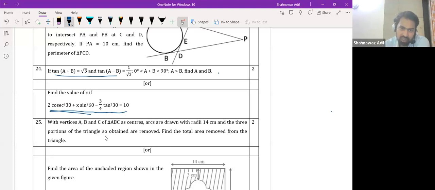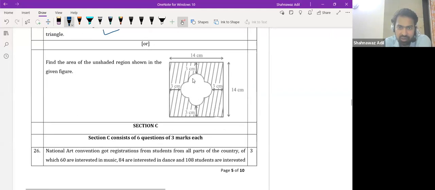So this is from the area related to circle. Find the shaded region. Good. So without doing the actual calculation, can all of you tell me how can we calculate this shaded region? How can we calculate this shaded region?